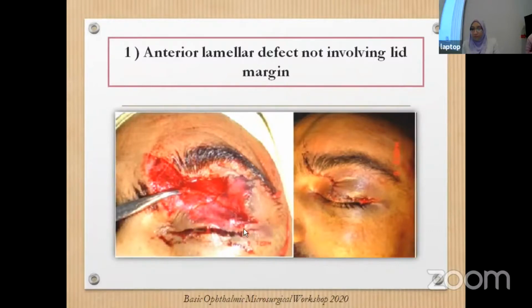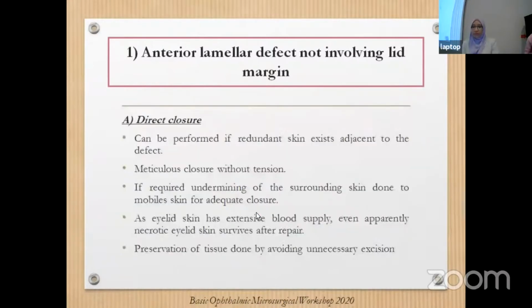So if you have a referral for eyelid injury, you must rule out involvement of the lid margin because the repair is different compared to eyelid trauma only. And for sure, you must rule out the rupture. This one is quite massive actually. Okay, so direct closure.